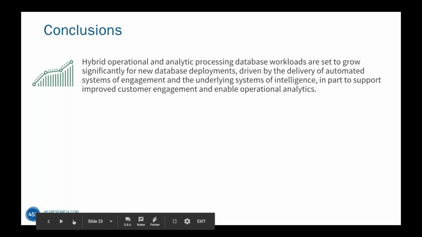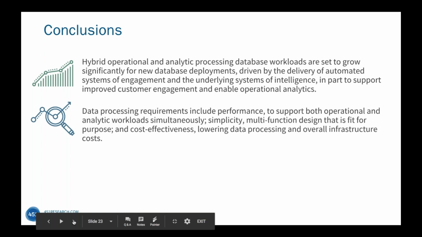But just to focus on the conclusions, as we see it at the moment: hybrid operational and analytic processing database workloads we think are set to grow significantly, especially for new database deployments, and that's all been driven by the delivery of automated systems of engagement and the underlying systems of intelligence that support them. And one of the key things we see that is being used to support is improved customer engagement and enabling operational analysis.